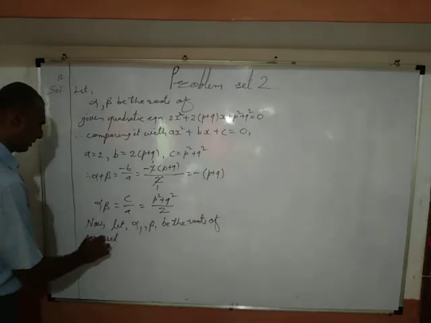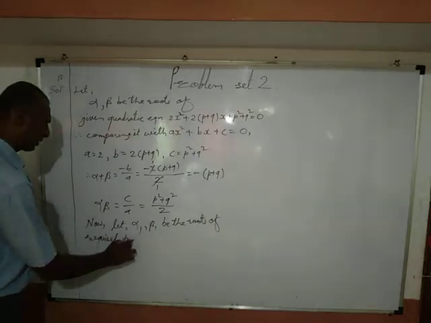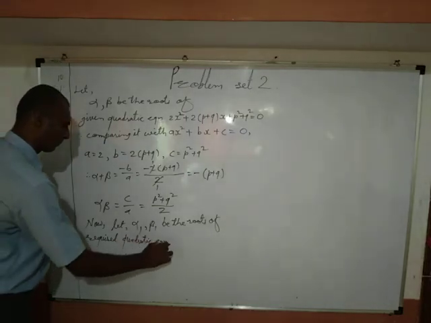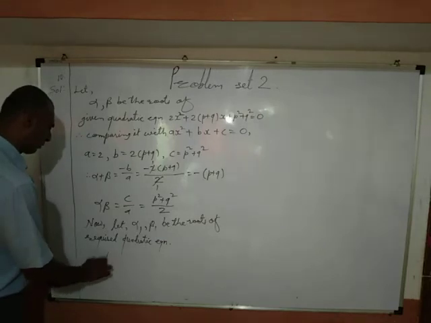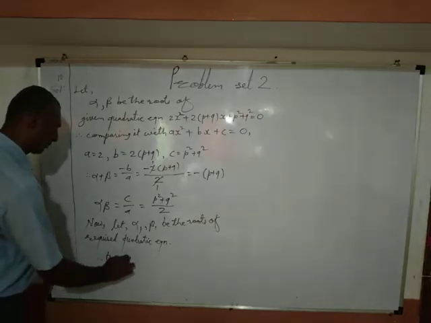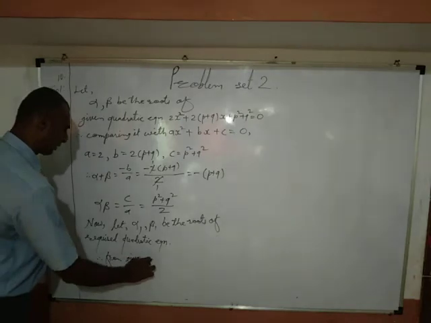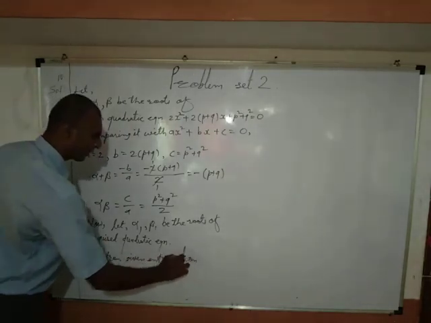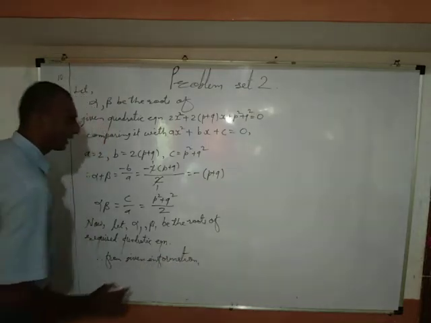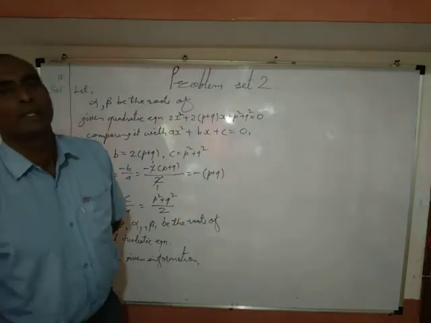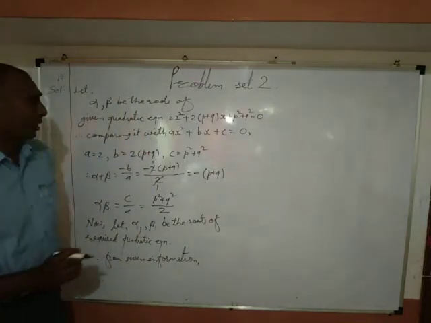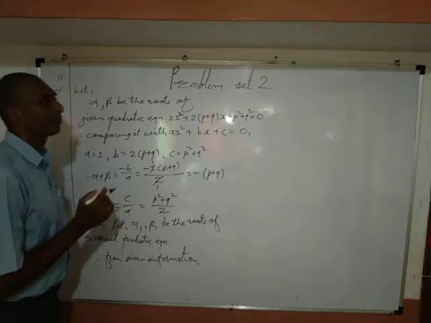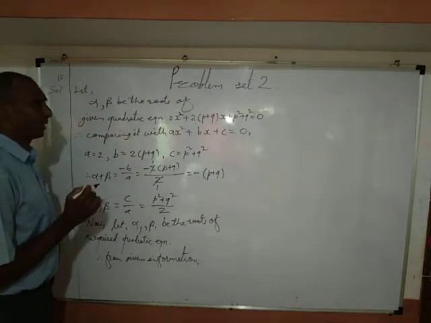The required quadratic equation, and therefore from the given information, according to the given information, the roots of the required quadratic equation are nothing but the square of sum of roots of the given equation and the square of difference of roots of the given quadratic equation.